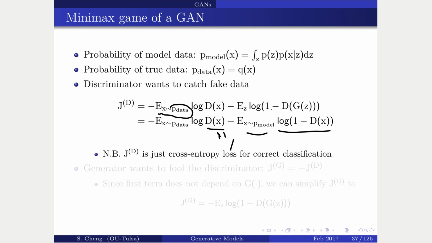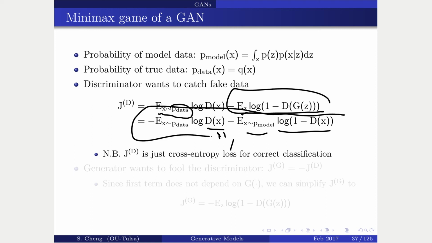I can also write this as 1 minus D(G(z)) here, taking x as G(z). But note that the discriminator doesn't know this, so in terms of the discriminator, it's actually seeing this here.